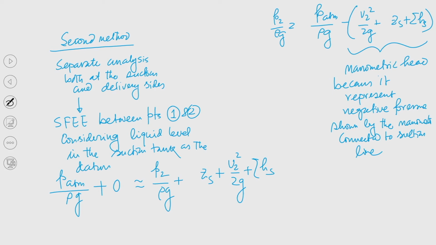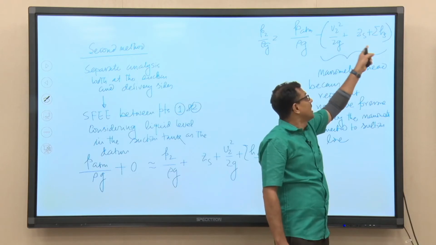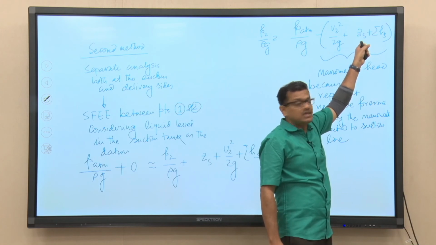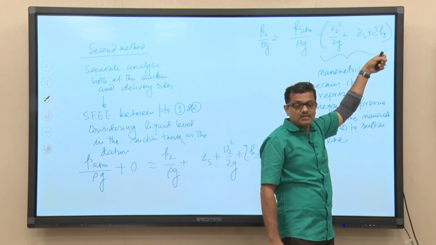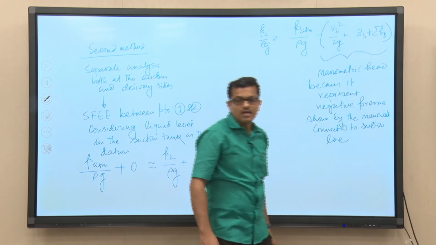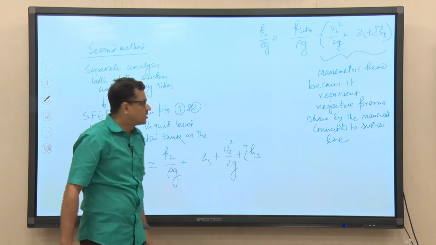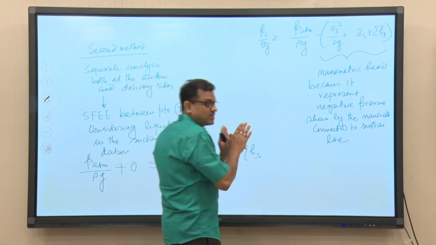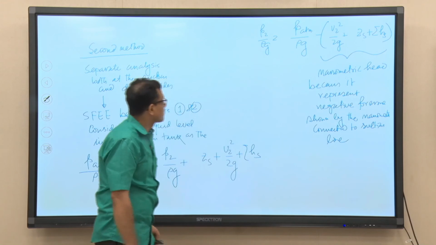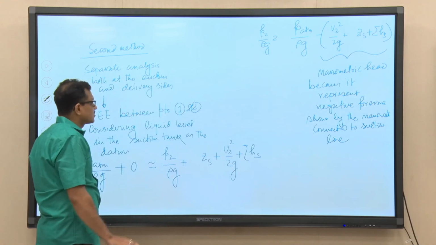The pump designer is responsible for selecting Zs, selecting the pipeline to determine V2, the velocity through the suction pipeline, and accordingly selecting the number of fittings, valves, vents, etc. so that Hs should be controlled. This is very important and that is why this separate analysis is required.